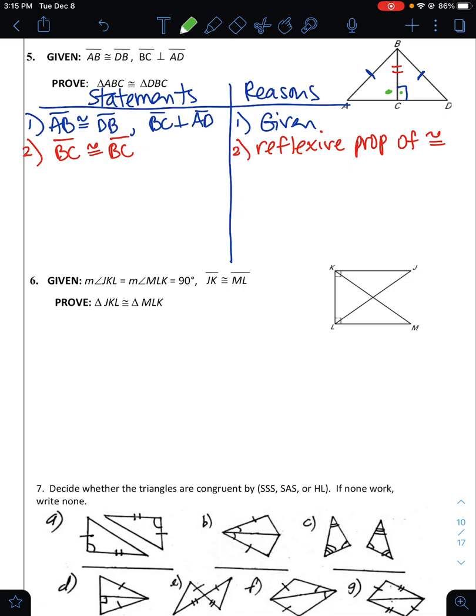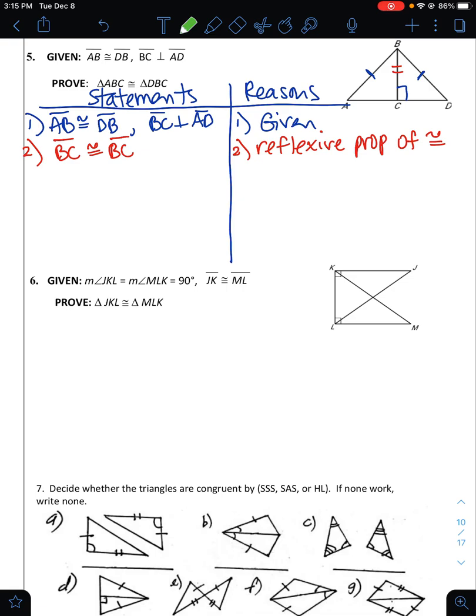But those two angles will not give me SAS because it's not the included angle. So I can't really go in that route. But I actually do have HL here. So I have condition number 1, right triangle. Condition number 2, the blue tick marks are the hypotenuse and the reflexive is the leg.